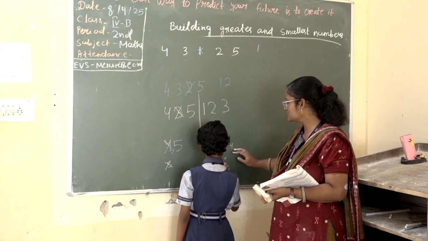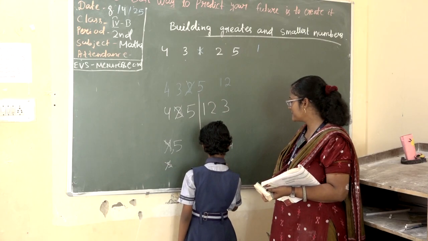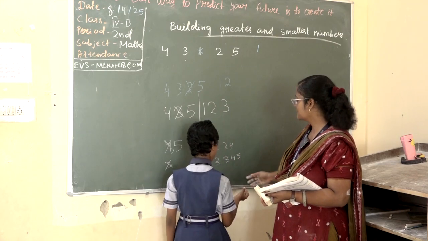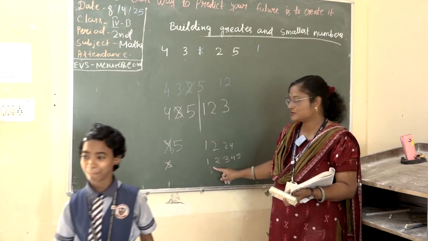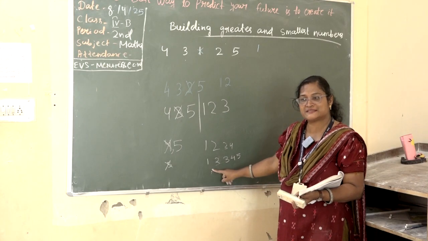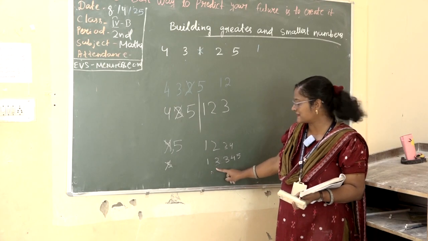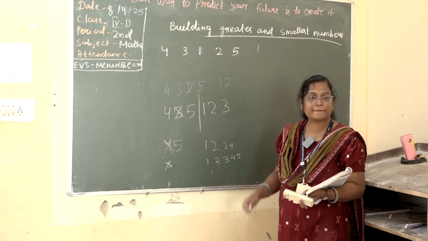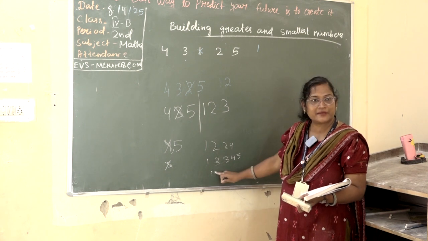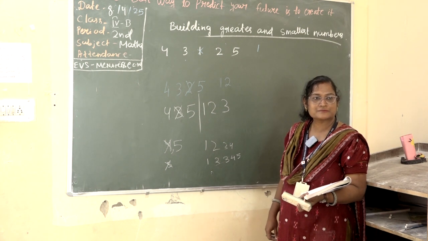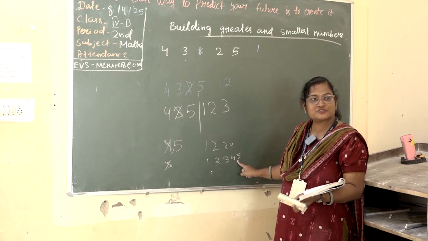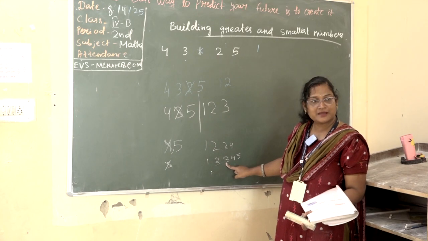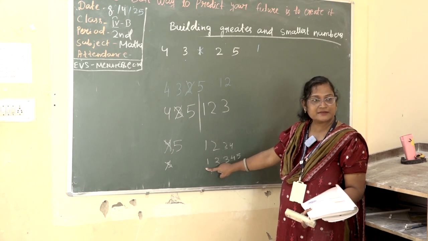1, 2. Okay, now we arranged all the digits in ascending order, right? Yes or no? Yes. So what is the number? Who can read it for me? Read the number. Which place is this? 5 is in which place? Ones. This is tens, hundreds, thousands, ten thousands.